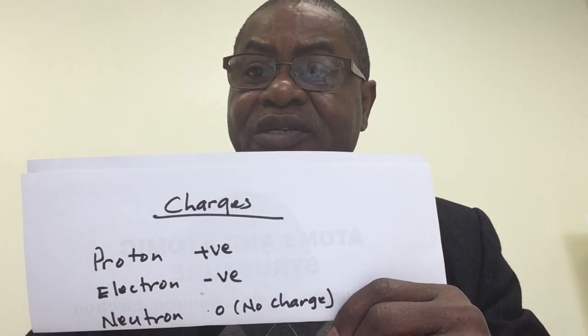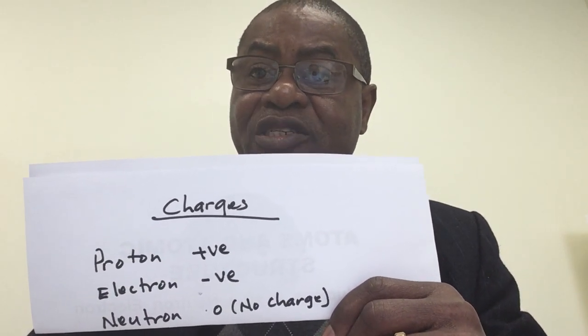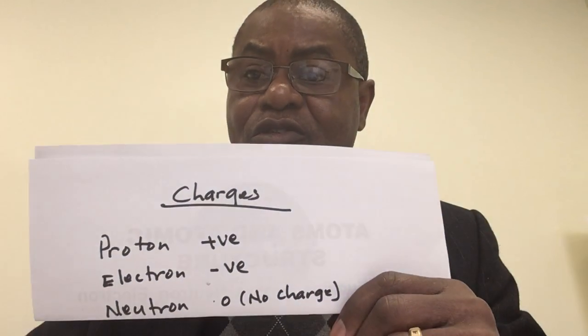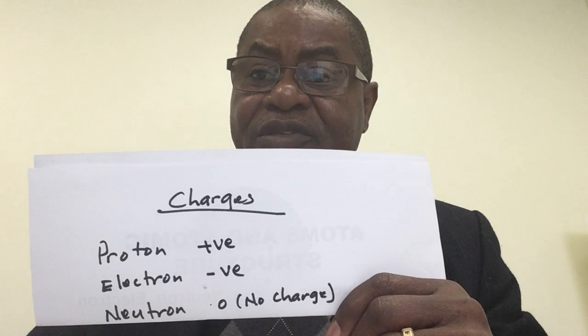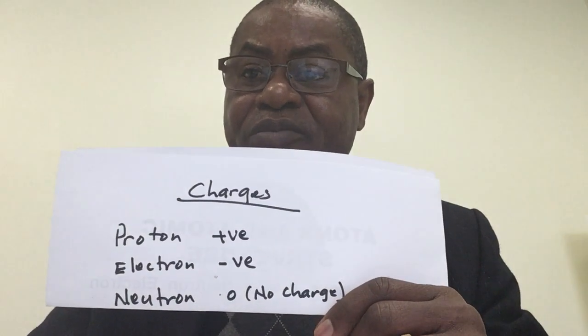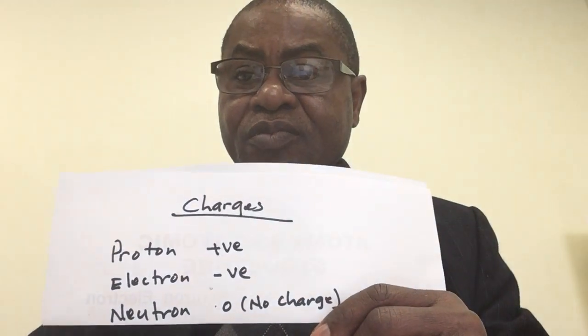And the electron actually has a mass, but it is really insignificant compared to the mass of the proton and the neutron. So we say the mass of the atom is really determined by combining the proton and the neutron together.